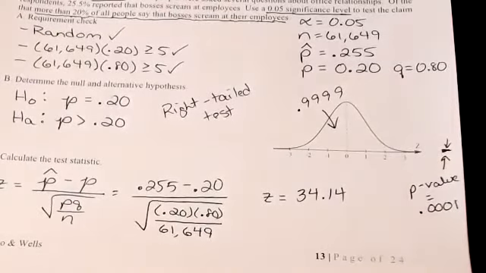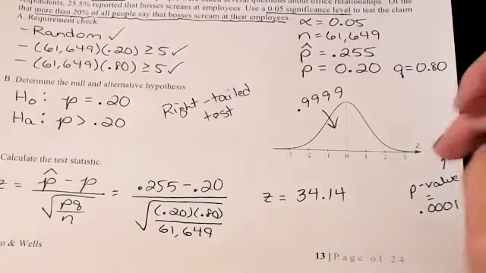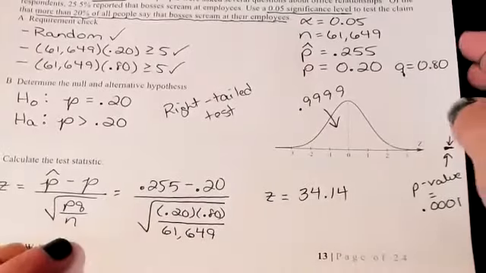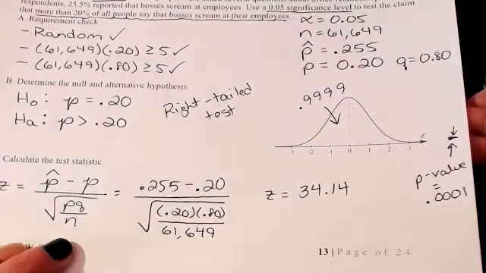We're always going to use 0.9999 for values greater than a z-score of 3.99. Anytime it's greater than that, you're going to use 0.9999, 4 places, and then you just subtract from 1 to find the area to the right. So we see that our p-value is 0.0001.